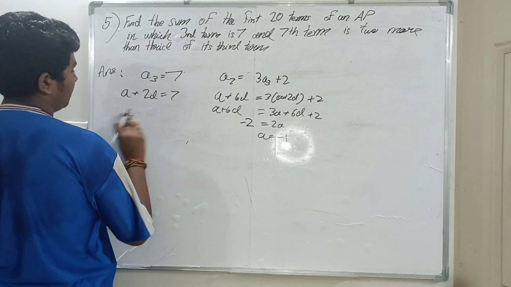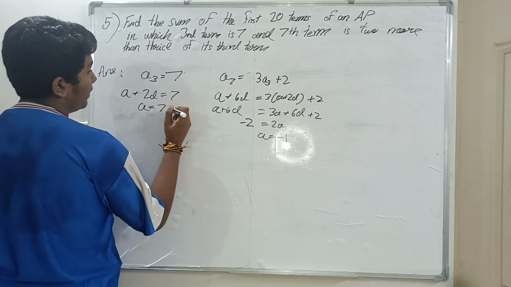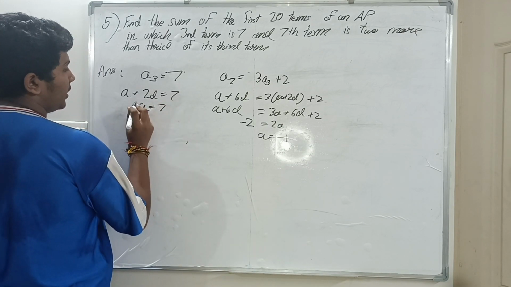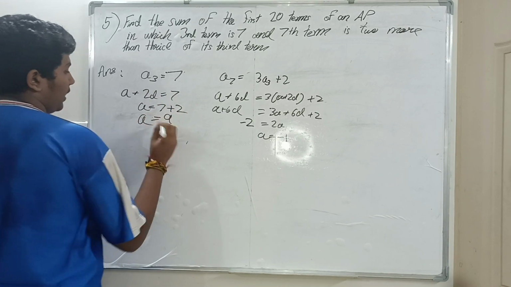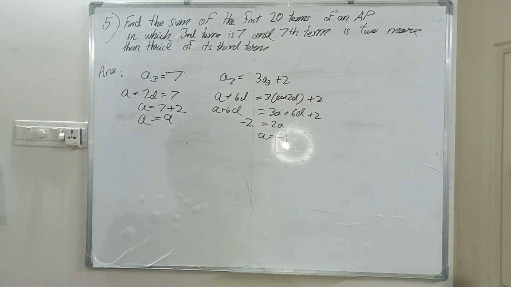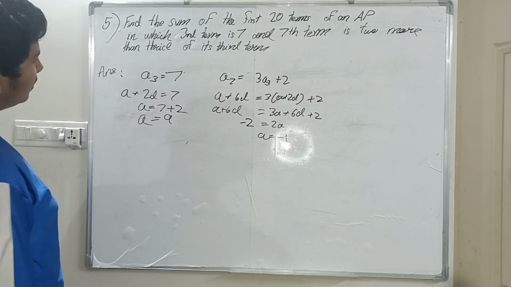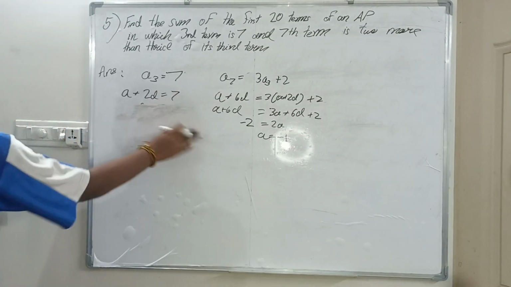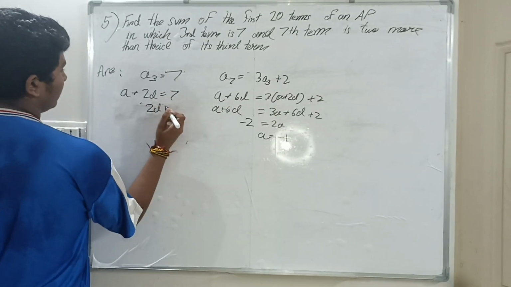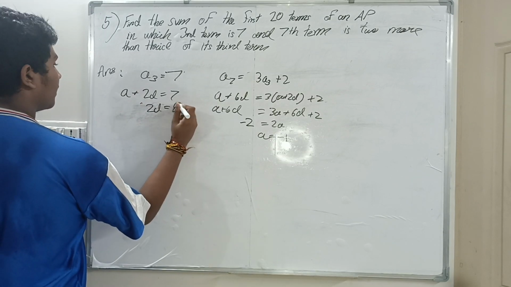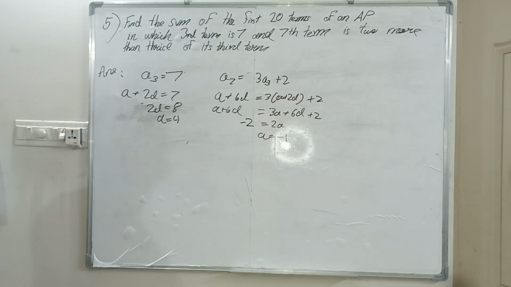So a plus 2d is equal to 7. So I did an error. Please forgive me. Actually, it's 2d is equal to 8. And d is equal to 4.